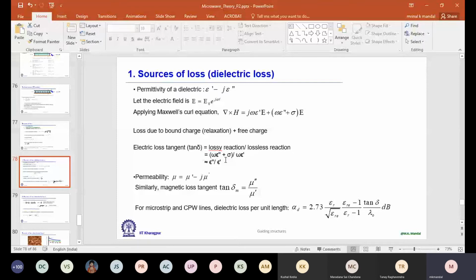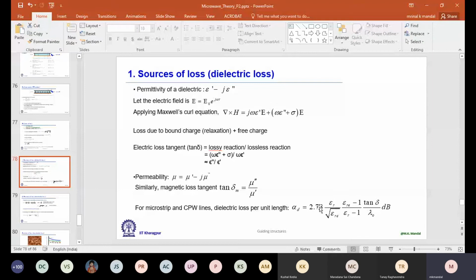So that's why in most cases we neglect it, particularly for dielectric substrates. But when you are using, let's say, ferrite or nickel-based materials, then you have to consider this. And exactly the same thing, you just proceed. We have tan delta M, which represents the magnetic loss tangent. It is represented by mu double dash by mu dash.